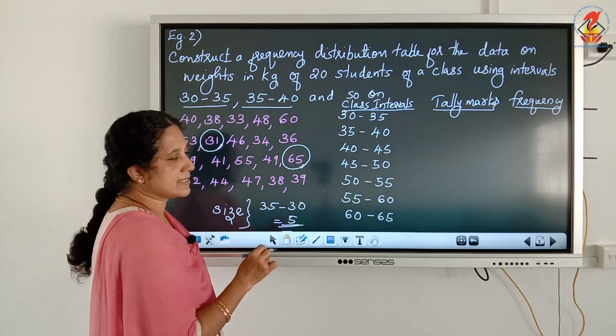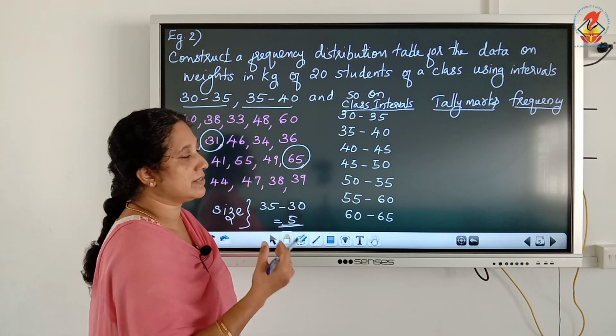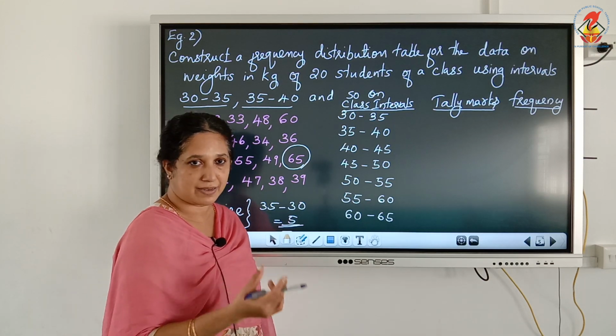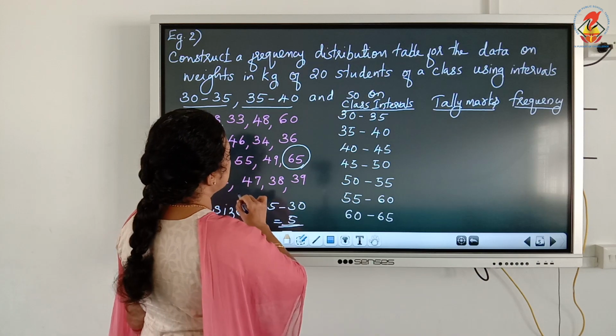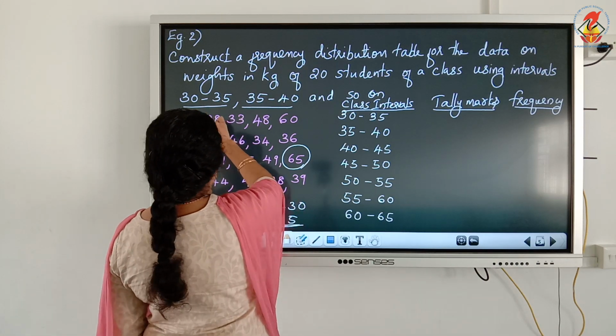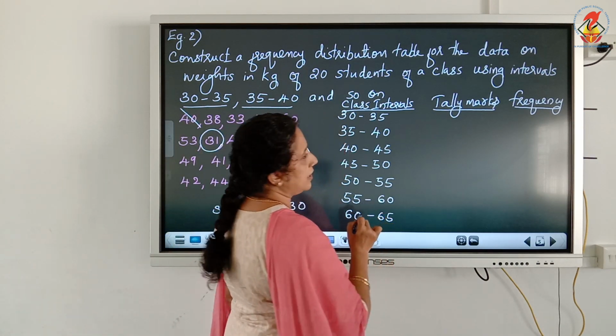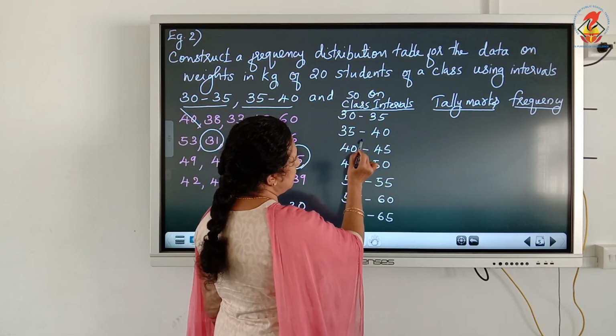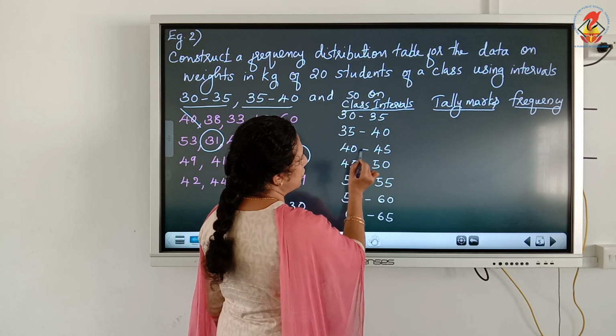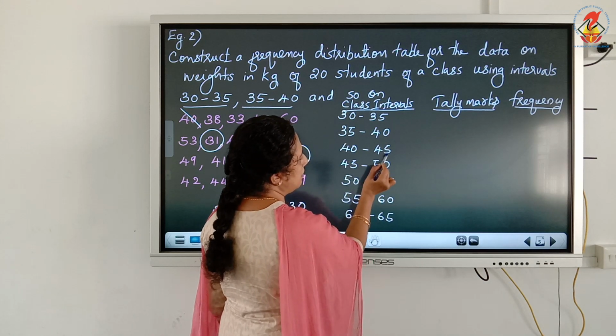If the class size is less, then the number of class intervals will be large. Then we can put the tally marks. The first one is 40. Where will you mark 40? 40 will come in the class interval 40 to 45. What is meant by 40 to 45?